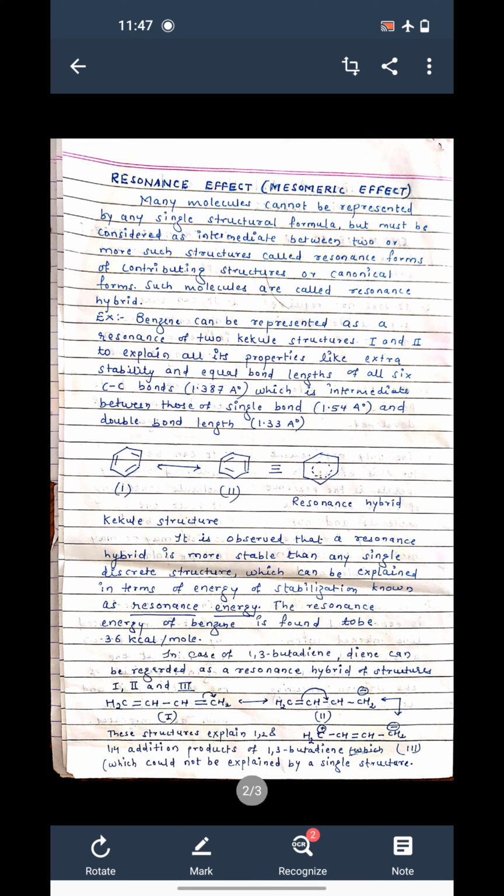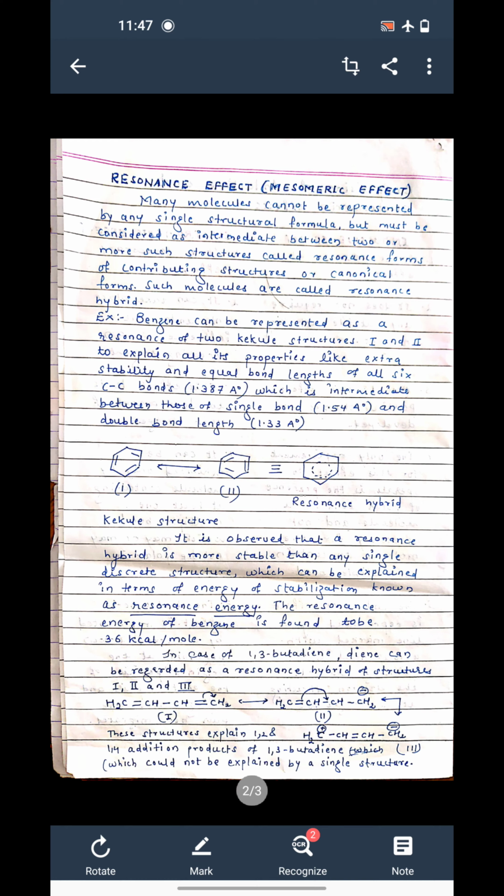Why is it so? Because many properties of benzene cannot be explained by only structure 1 or 2, and therefore we need a combination of structures 1 and 2. We know that the carbon-carbon single bond length is 1.54 angstrom, while the carbon-carbon double bond length should be 1.34 angstrom.